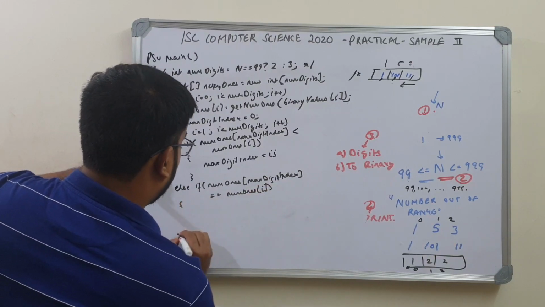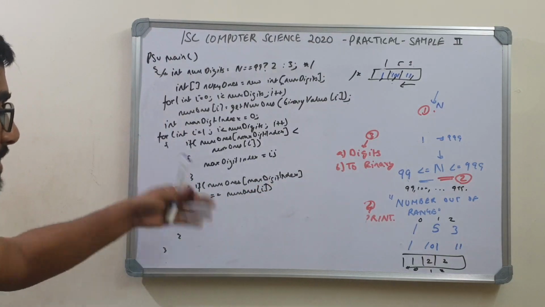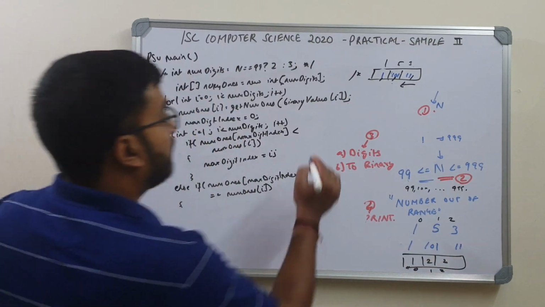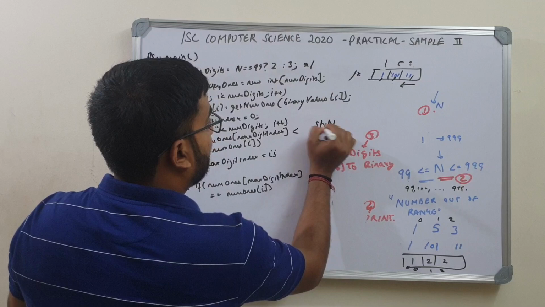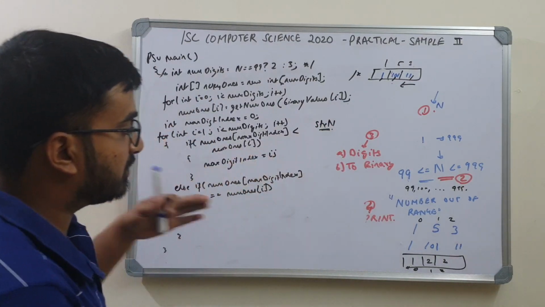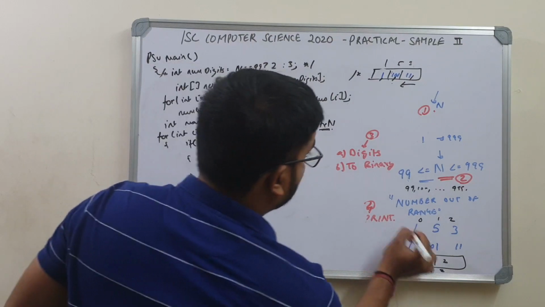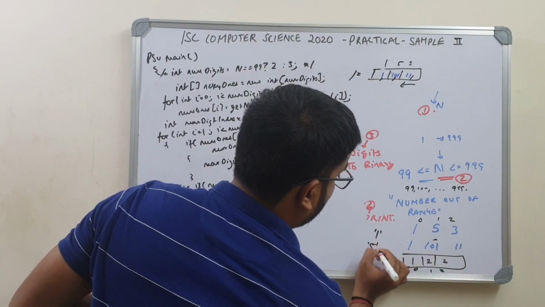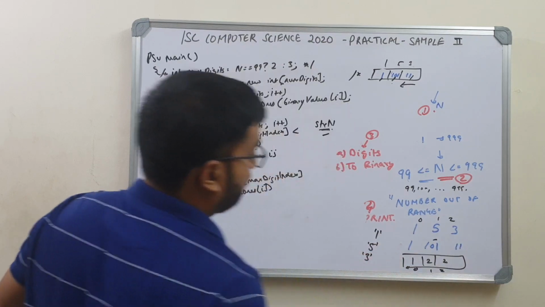Then you have to pick the one which is the greater digit. Remember we took str n as the string form of the number, right? So I'm going to compare the corresponding digits. The 0th position gives me 1, the first position gives me 5, the second position gives me 3.